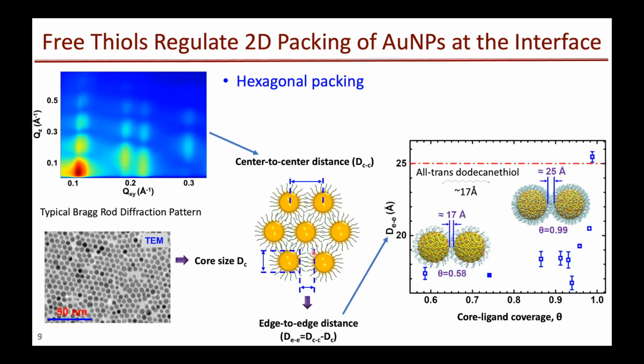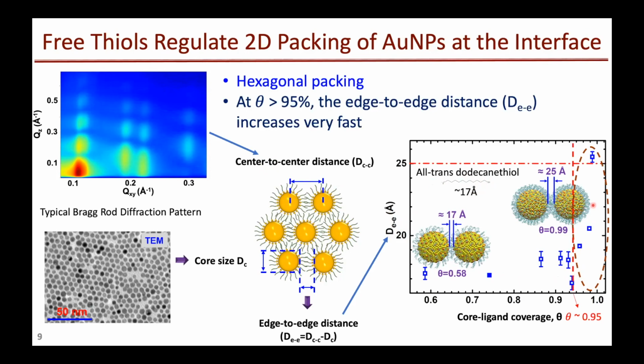However, we're more interested in the edge-to-edge distance, to be compared with the all-trans ligand dodecane thiols. So we can see in this plot that this edge-to-edge distance increases slowly when the surface coverage is below 95, and then increases rapidly above.